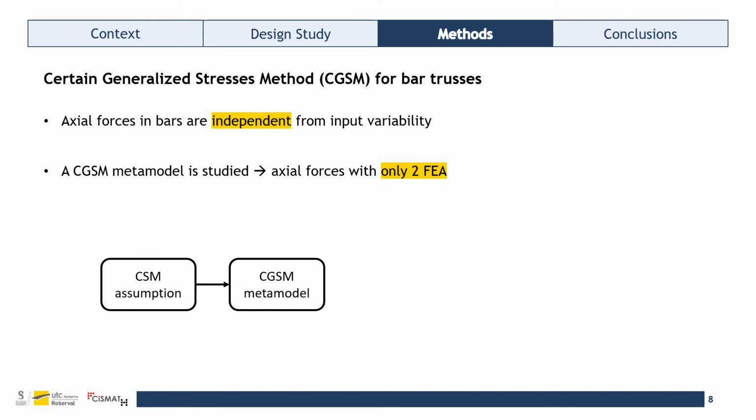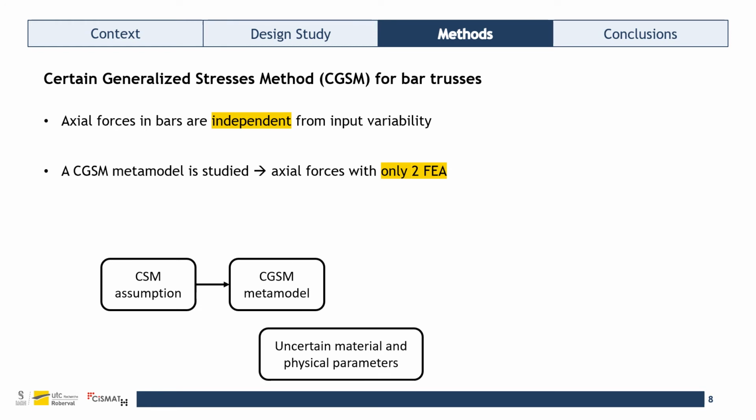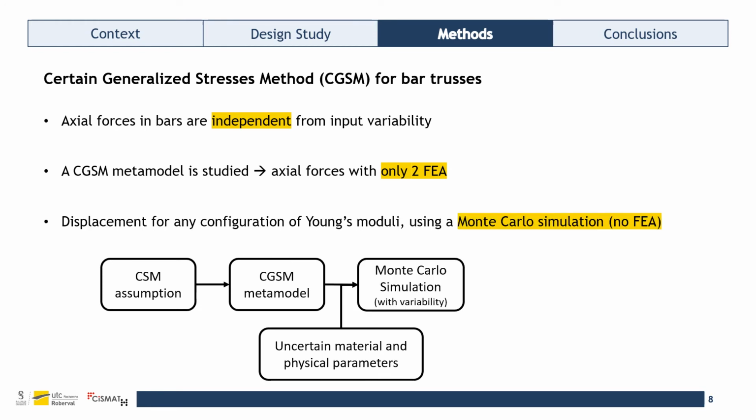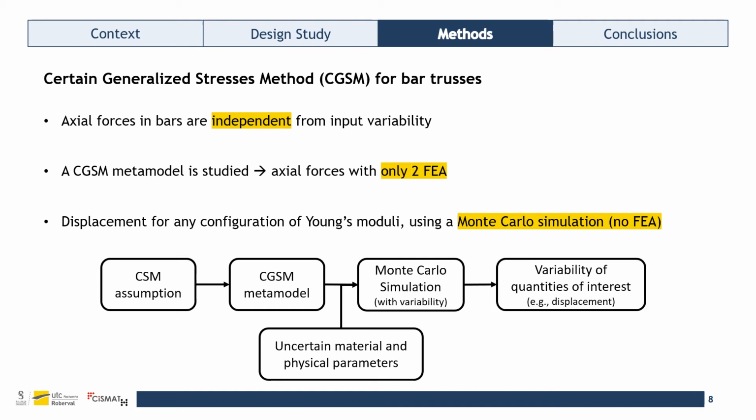Then, the displacement for any configuration of the Young's moduli is calculated from the CGSM metamodel. In this step, the procedure of the Monte Carlo simulation is applied for n trials again, but without performing any further finite element analysis.